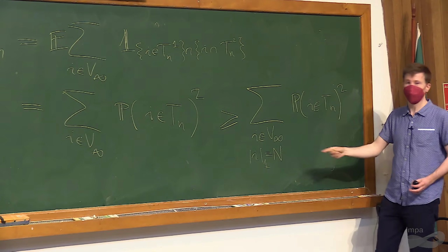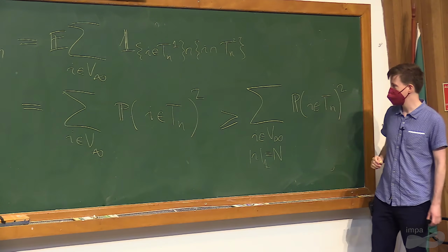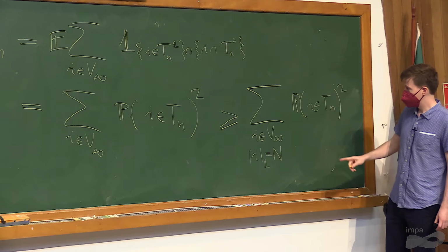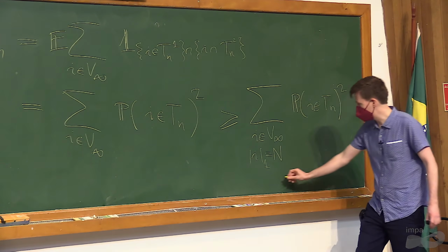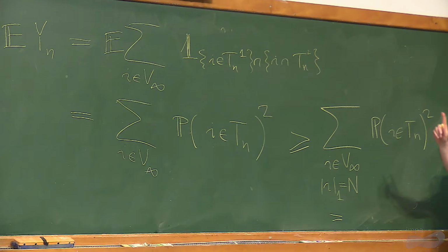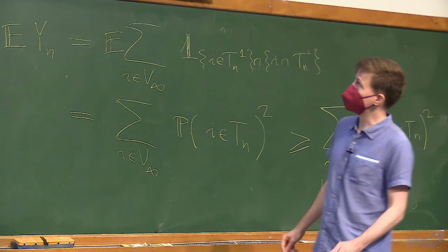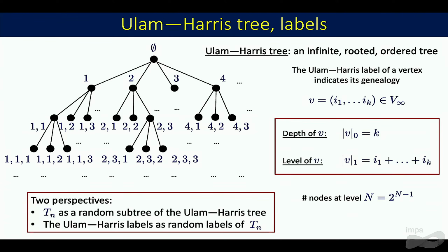Okay, that this is the right level that optimizes this thing, and once you do this, you see that the key property, which I didn't tell you here, is that if you view the uniform attachment tree as a random subtree of the Ulam-Harris tree, then before a particular node in the Ulam-Harris tree is born, you need to have at least the level of v many bursts happen in this process.